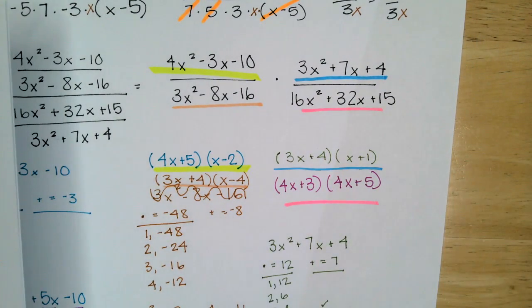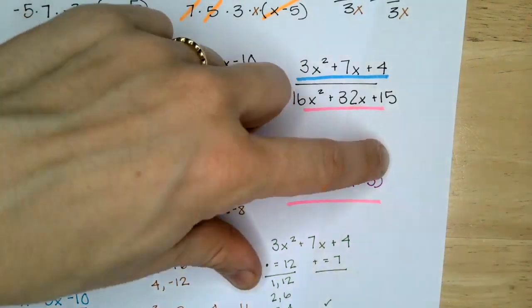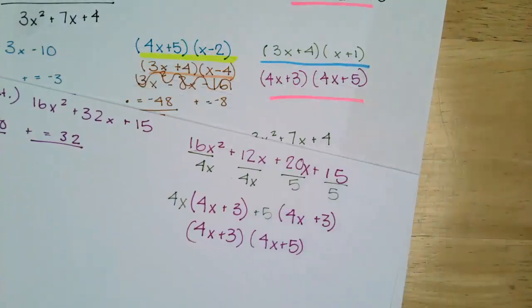All right, so what we have is, I'm going to rewrite it over here. And we're just multiplying, so we're multiplying straight across, right?